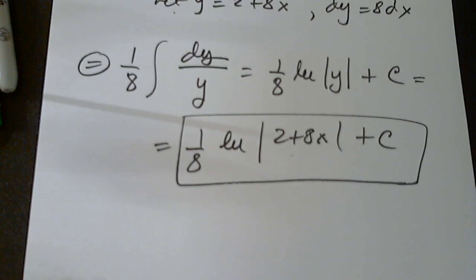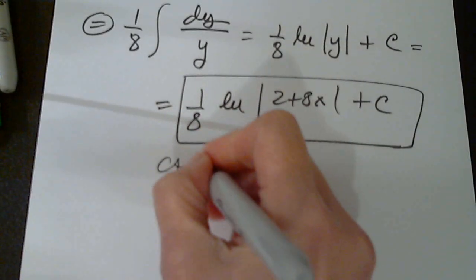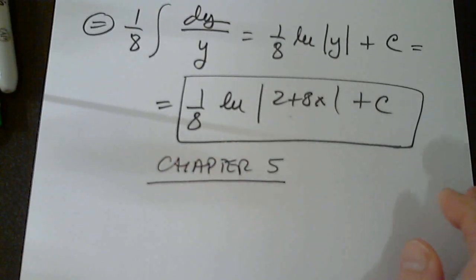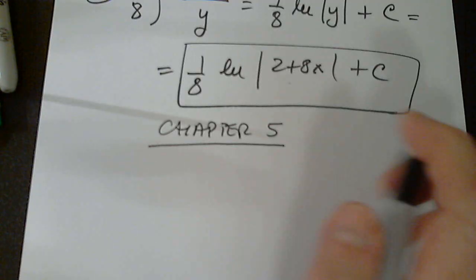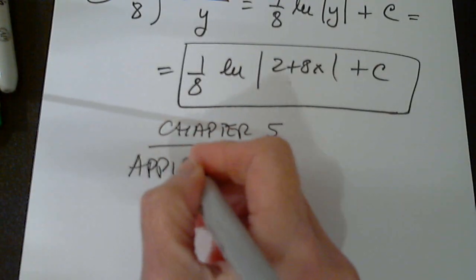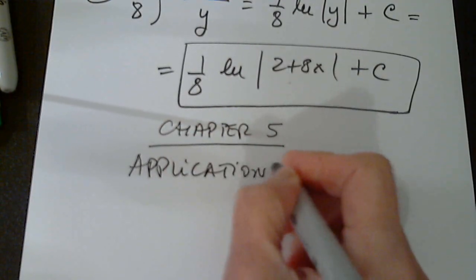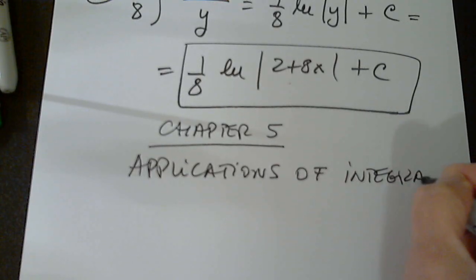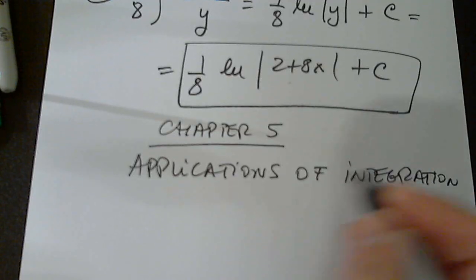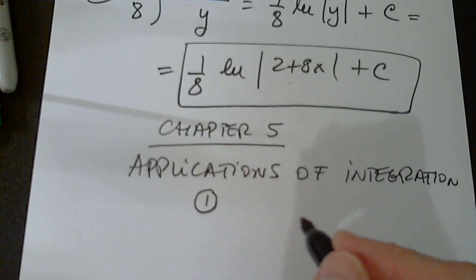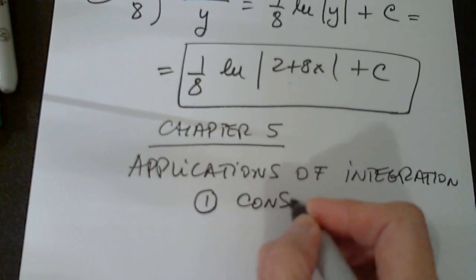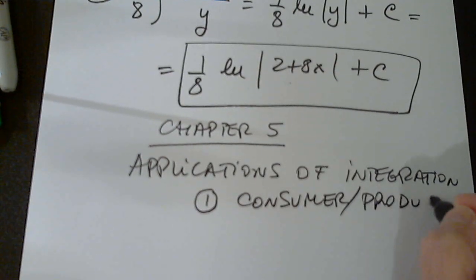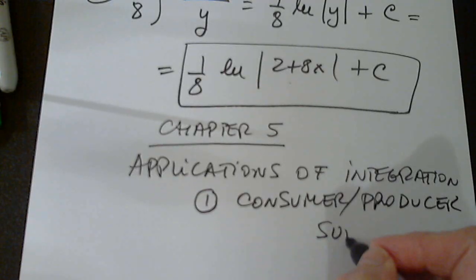Okay, in chapter 5, we're going to talk about applications of integration. We are only looking at 2 applications. Number 1, consumer and producer surplus.